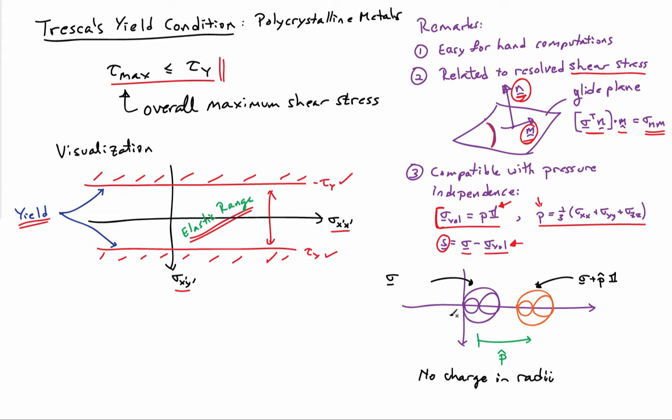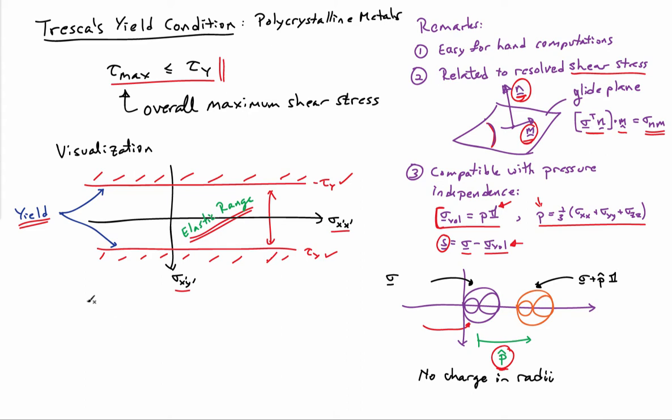Suppose I had a state of stress shown here in purple, so a three-dimensional state of stress. If I add a volumetric stress or hydrostatic stress by changing the pressure, say by p hat on the system, the only thing that's going to happen to the three circles of stress is that they're going to translate horizontally along the normal stress axis. The radii are not going to change if I add some value of pressure to the system.